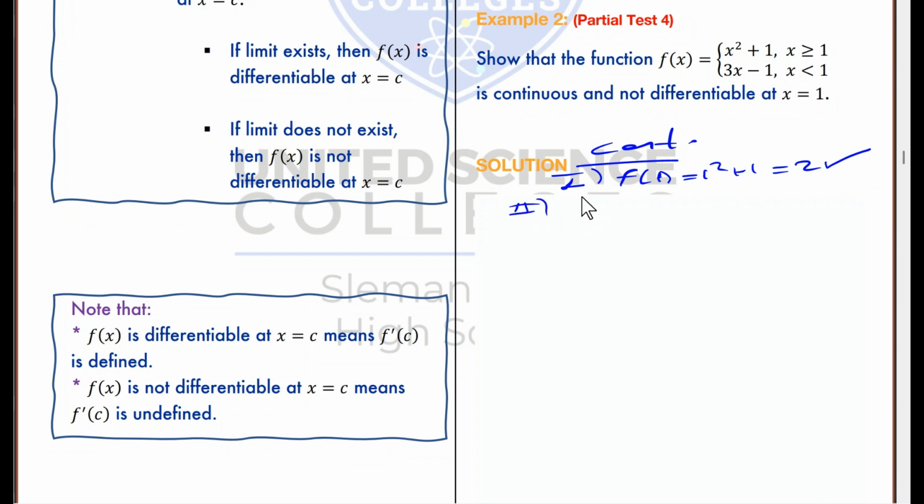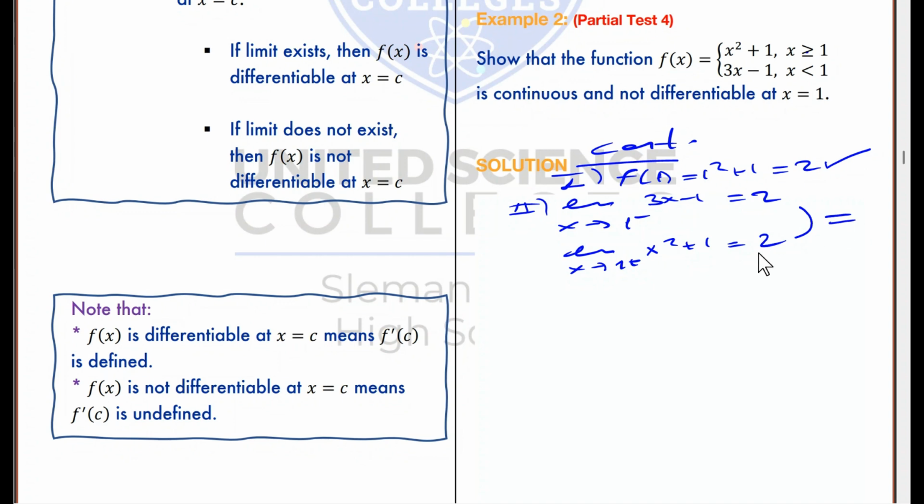Second condition, check the limit. In order to check the limit for piecewise functions for less than or more than, we check the right and left side conditions. For the left side, 3x minus 1, which is 3 minus 1, 2. For the right side, we use the more than condition, x squared plus 1, which is 1 plus 1, 2.